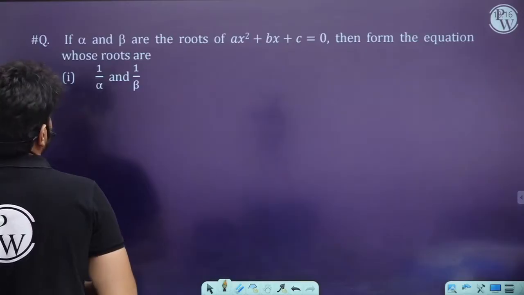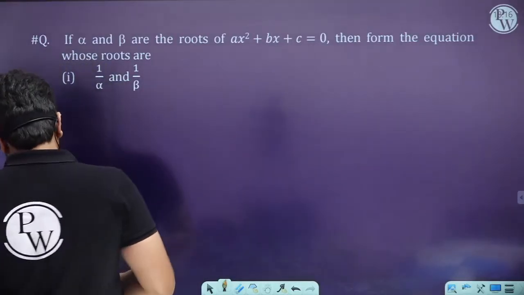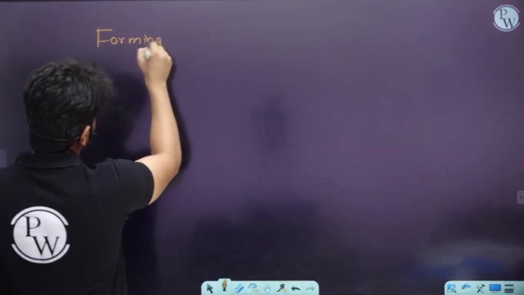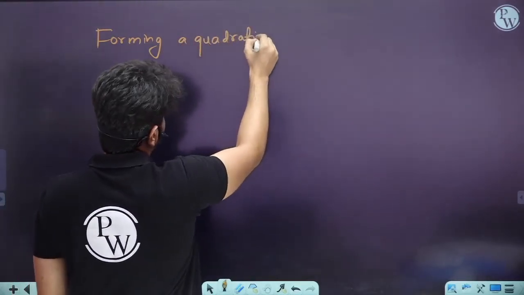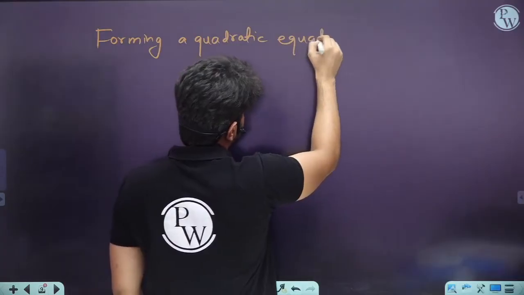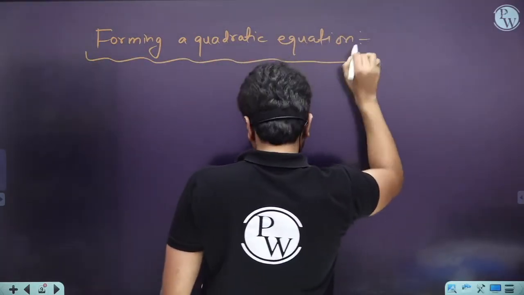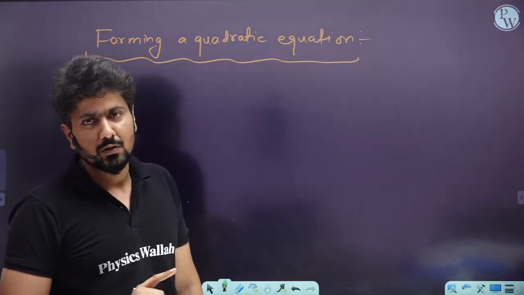Now, if alpha and beta are the roots of the equation, then form the equation whose roots are... So this time we'll be talking about forming a quadratic equation. See, to form a quadratic equation, we just need two things: sum of the roots and product of the roots. Okay.